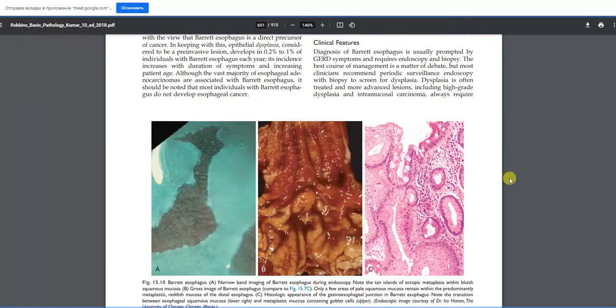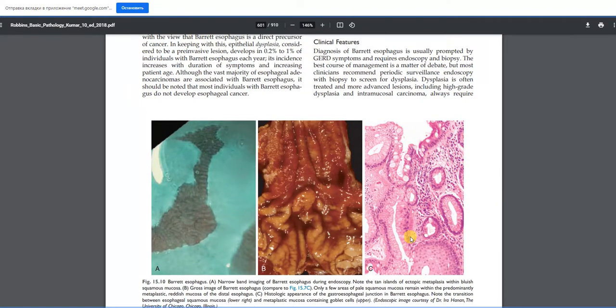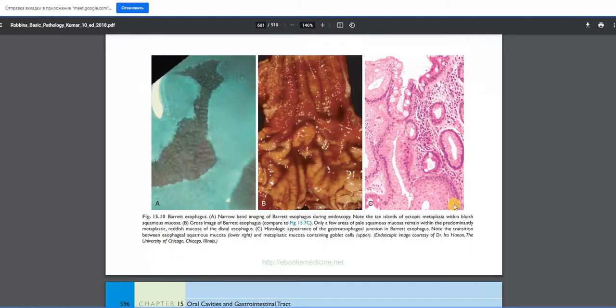And here, Barrett's esophagus. Here we see the stratified squamous epithelium is normal, but here instead of it, the stomach epithelia forms. Simple columnar epithelium is located here, and we should differentiate it from ectopia of stomach epithelia, or Barrett's esophagus.